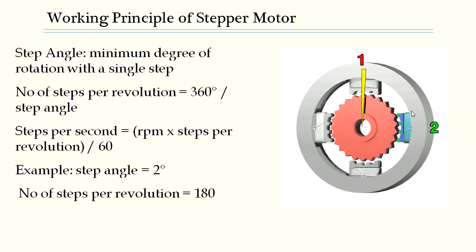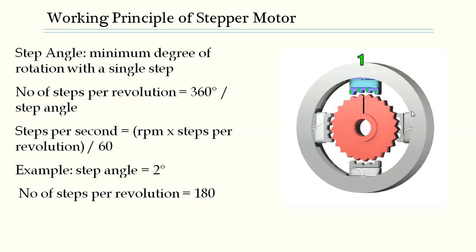For example, if the step angle is 2 degrees, that means between the two teeth it is 2 degrees, then 360 degrees, one complete rotation, divided by 2 degrees comes out to be 180 steps.